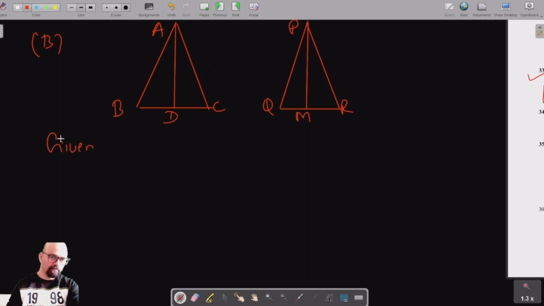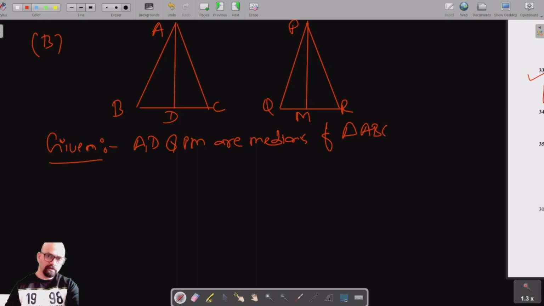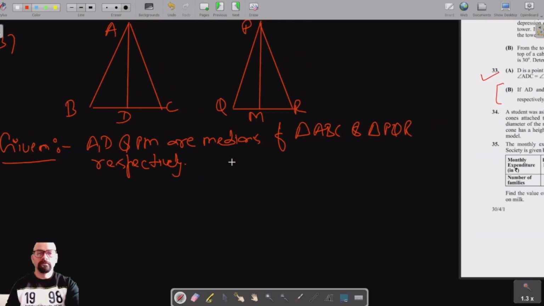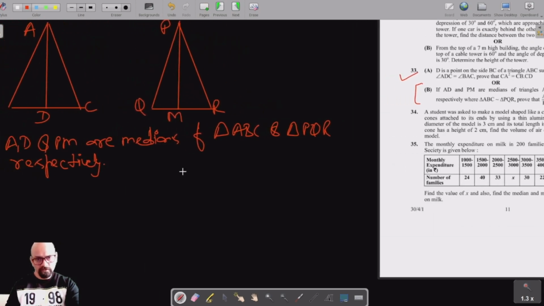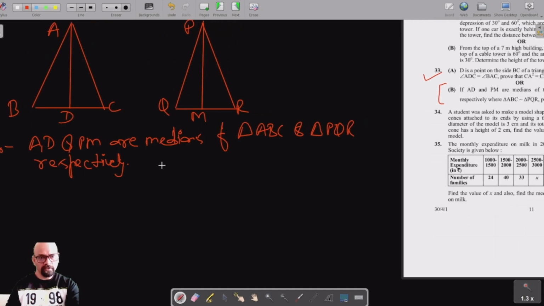So let's write down what is given to us. AD and PM are medians of triangle ABC and triangle PQR respectively, and also it's given that triangle ABC is similar to triangle PQR.